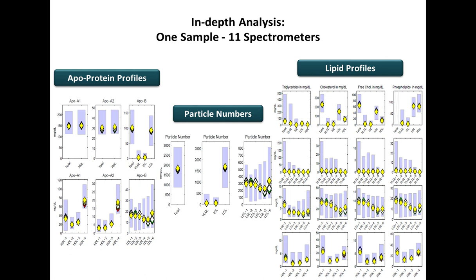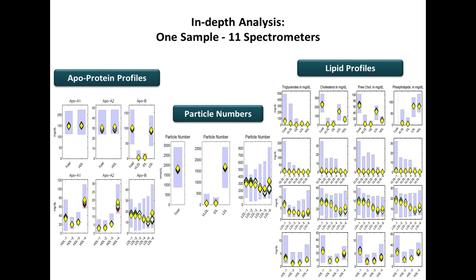And if you do an in-depth analysis of one sample across the 11 spectrometers, they're all superimposed on each other, color-coded. The little diamonds are color-coded according to machine and institution. You can see they're largely totally superimposed. And for some parameters, there's a tiny bit of variation.